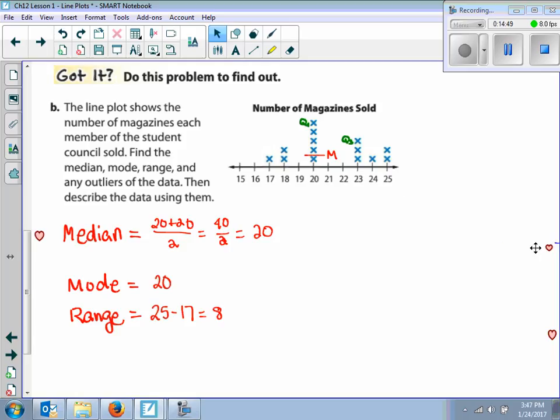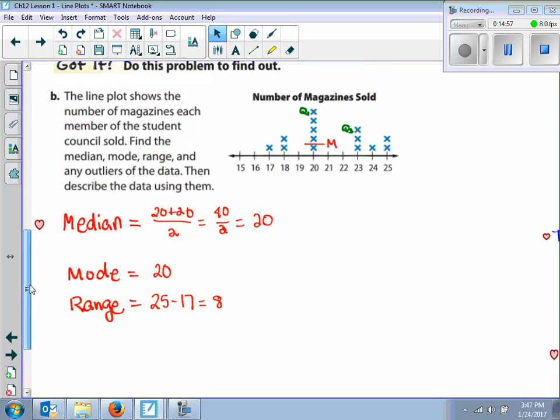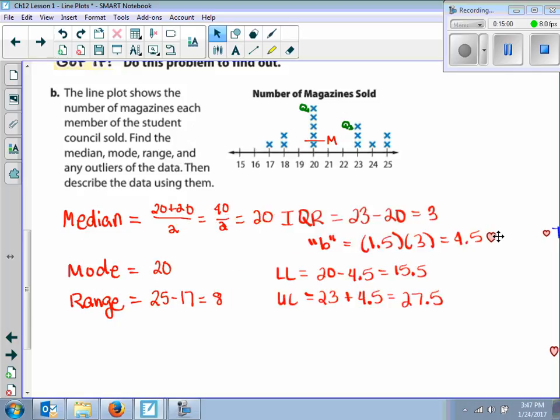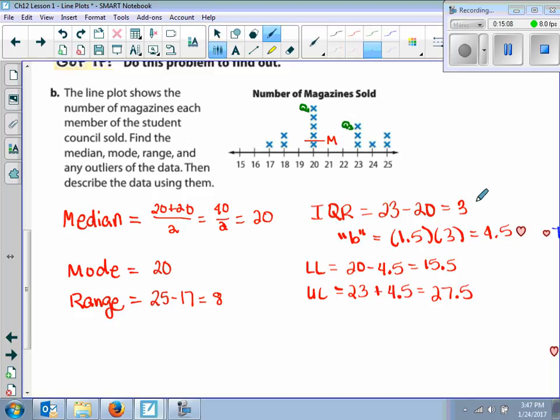Now, I've already shown the work, it's over here. So to find the interquartile range, we're going to subtract quartile 3 minus quartile 1. And that's 23 minus 20, which gives us 3.